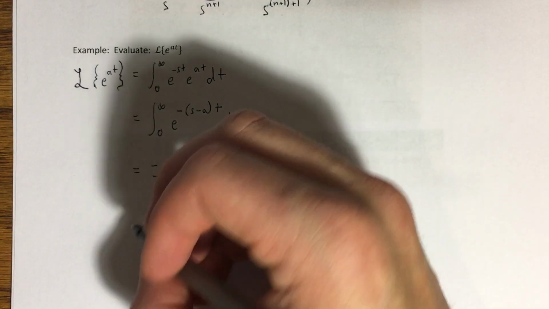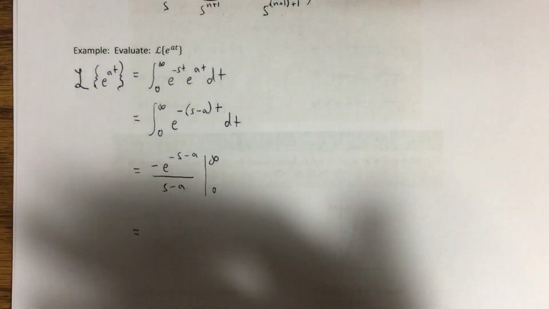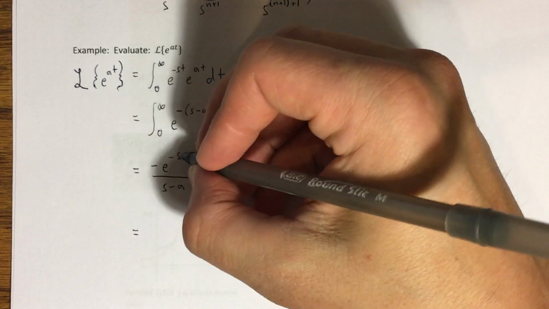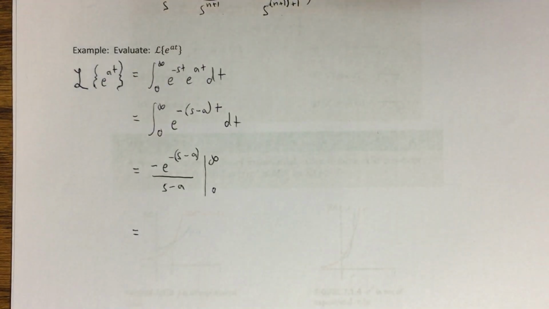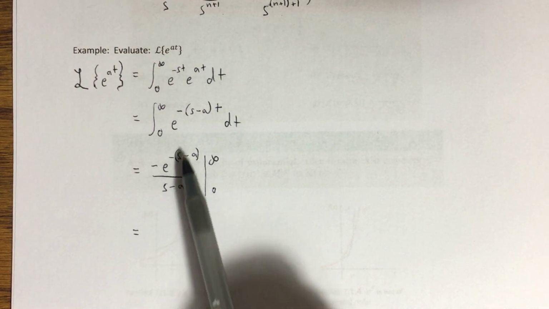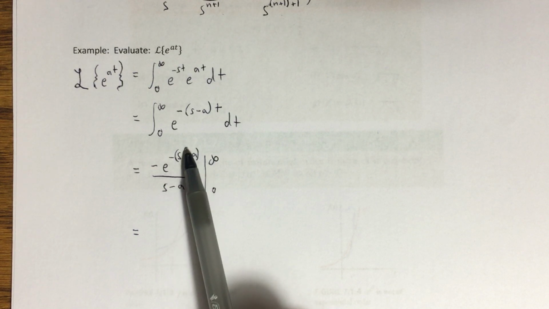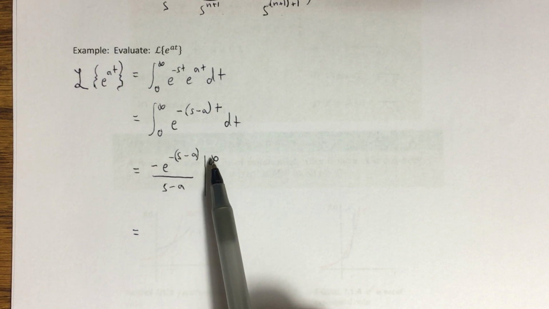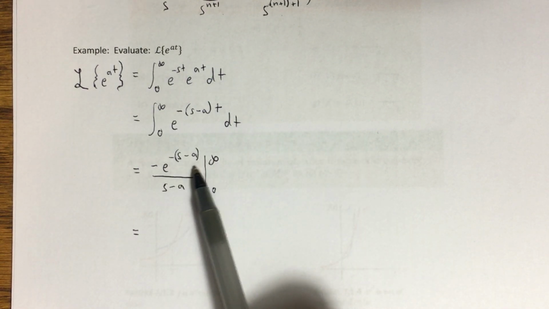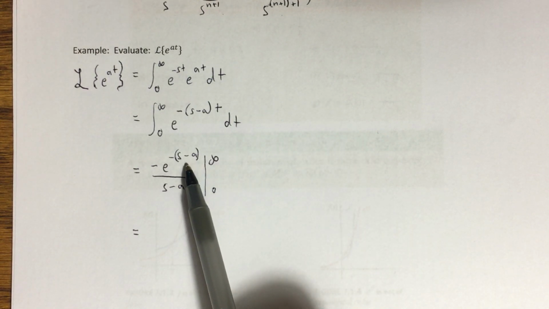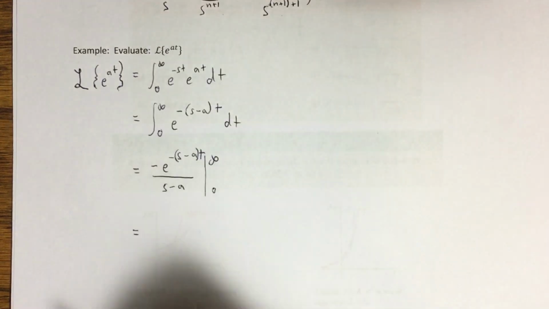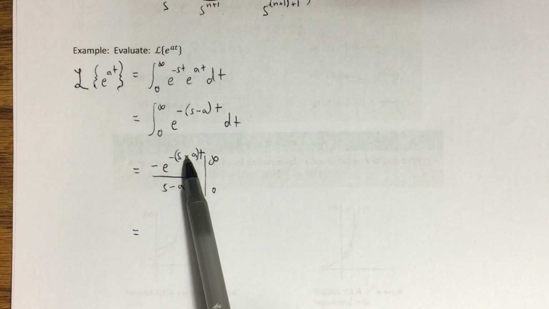Now here's the stage where you have to consider whether this is defined or not. I need this in parentheses here. So as we've seen, we would like for the exponent on this e to be a negative number, because then when I evaluate this, which remember is the limit as b goes to infinity, that's going to send this guy to 0.